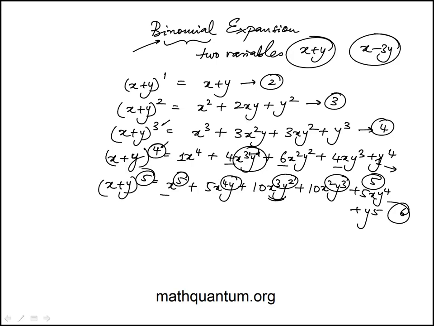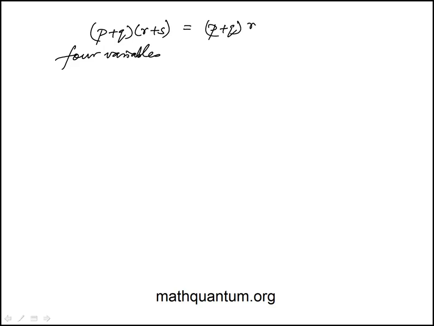So I'm going to start by looking at the product of this term. So p plus q times r plus s. So we have four variables here. And we apply the distributive property. So this would be the same as p plus q times r plus p plus q times s.